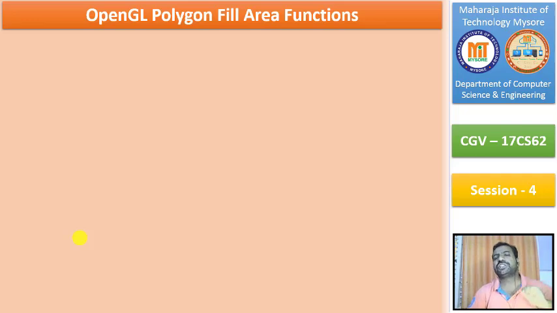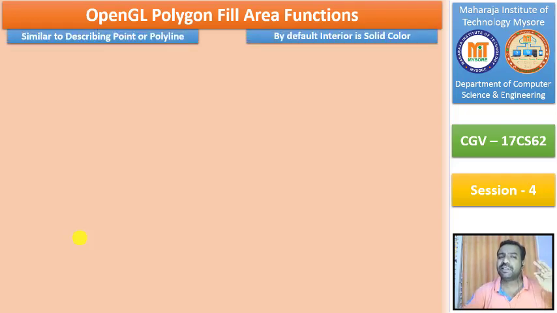Now, what functions are available in OpenGL to handle or draw a polygon as a basic primitive? This is similar to the way we have drawn a point, a line, or a polyline.